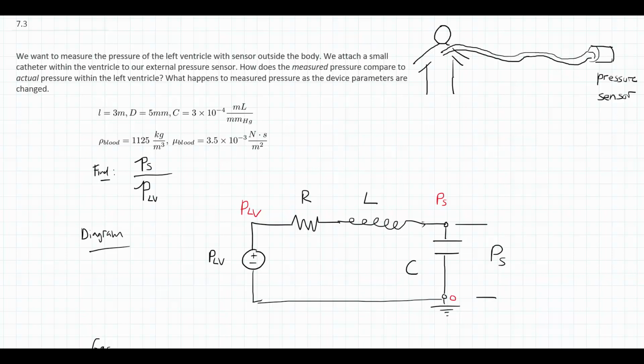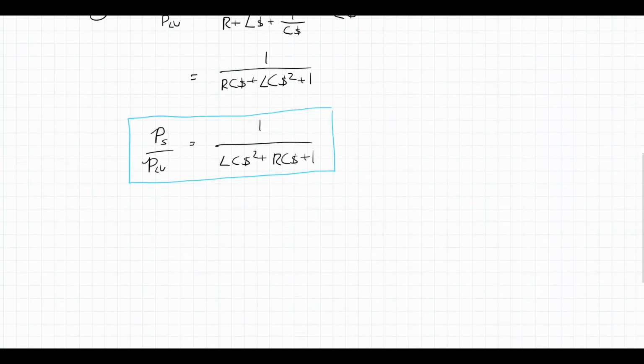So where are these going to come into play? Well, remember, we have to make these analogs. So let's first look at, well, C is just given to us, so we don't need to do any calculations there. But L, the equivalent inductance, we are going through this round tube. So recall when we were deriving the equivalent inductance L is going to be rho L over A, right, of the tube.